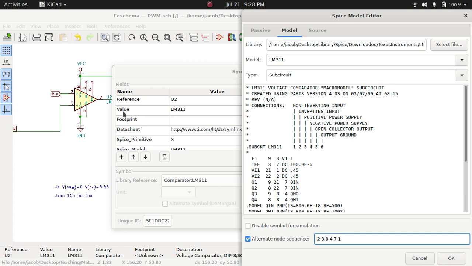So I am mapping these package pins to the pins that are modeled in this SPICE model.